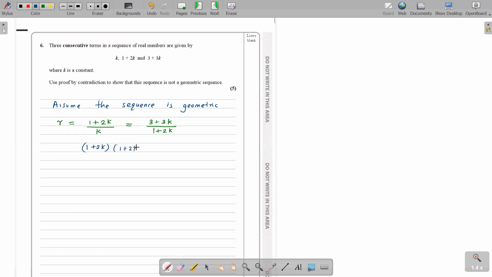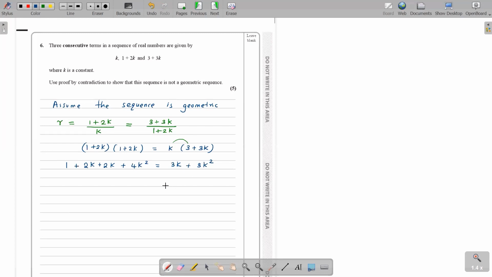And the other one, k multiplies with 3 plus 3k. So 1 plus 2k into 1 plus 2k is 1 plus 2k plus 2k plus 2k into 2k, which is 4k square. Here k into 3 is 3k, plus k into 3k is 3k square.